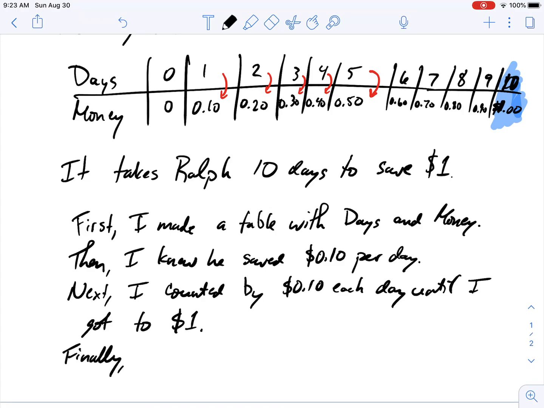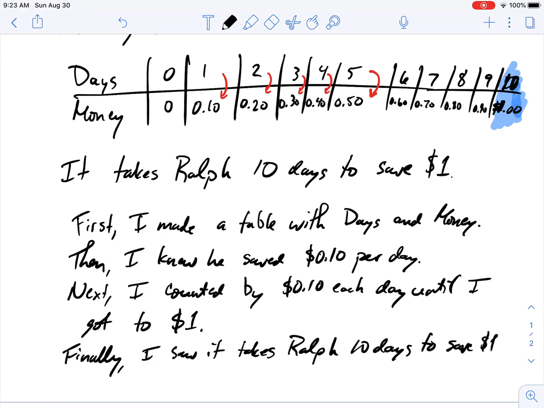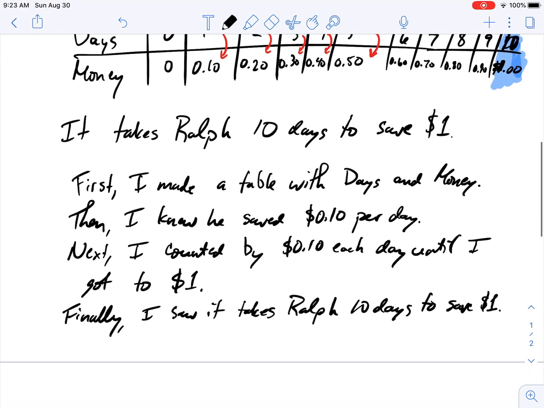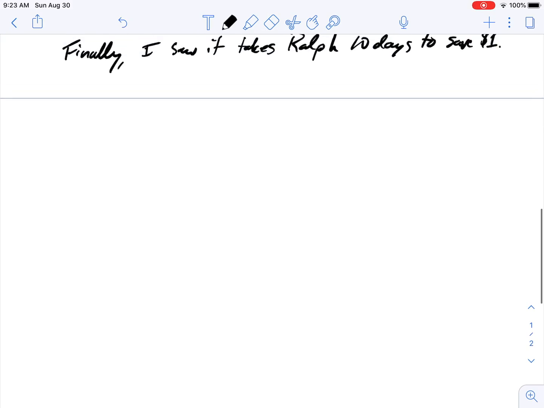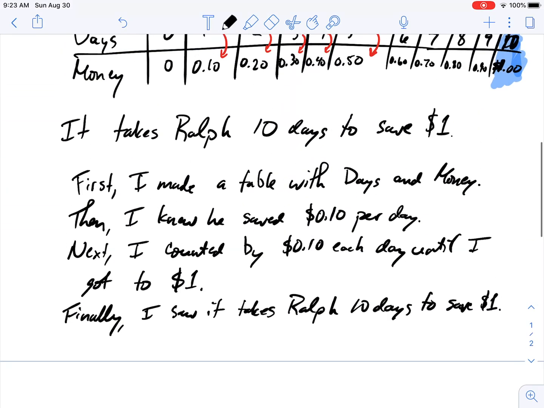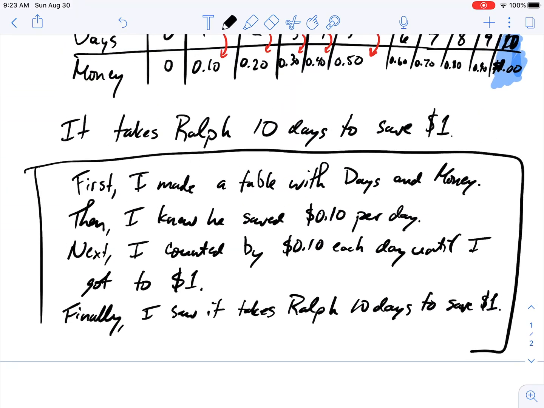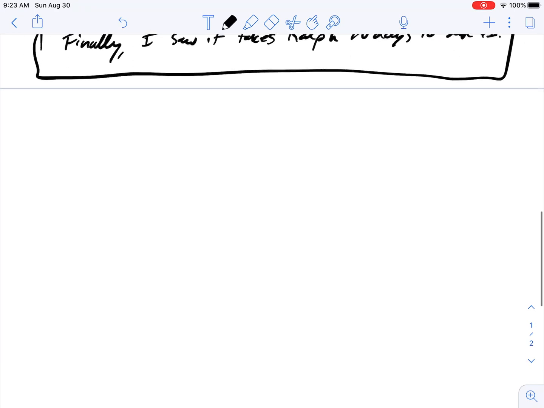Finally, I saw it takes Ralph 10 days to save $1. Okay. And then I want to do one slightly easier one. So this is the explanation that I'm asking you to do. Remember, the writing is difficult, but you need to try it, okay?